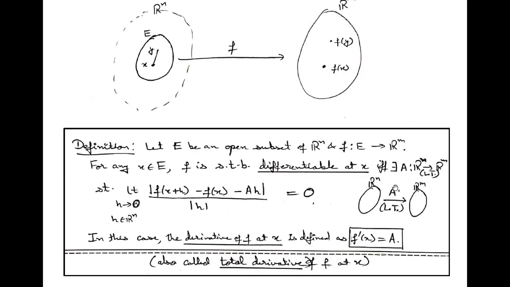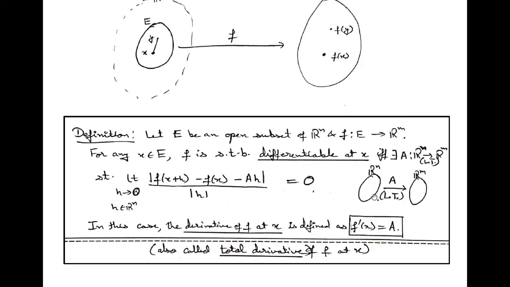And we can never say that the linear transformation A for the first x and the one for the second x are the same. We can't say that. When we fixed x, a linear transformation existed and we said the derivative is this linear transformation. So for a new x we will have to say a new linear transformation.